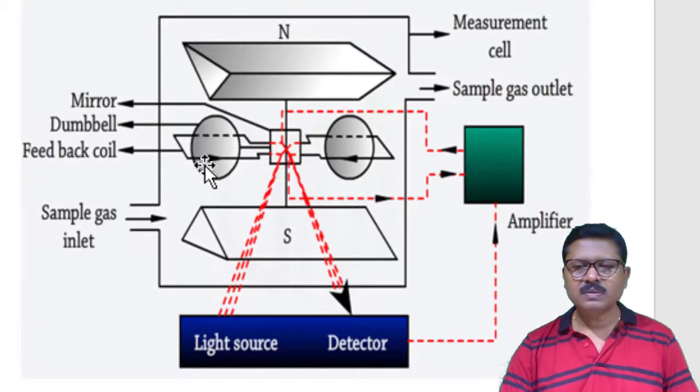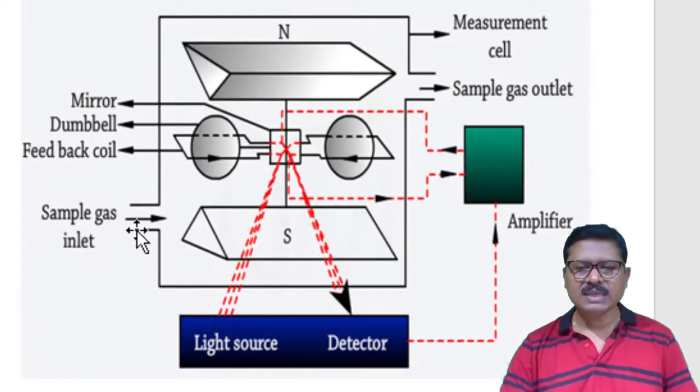When current flows through this coil, some magnetic field is generated, and that magnetic field will interact with the magnetic field produced by this permanent magnet. Ultimately, the whole arrangement is placed statically at a particular position, which means this is the stable situation.